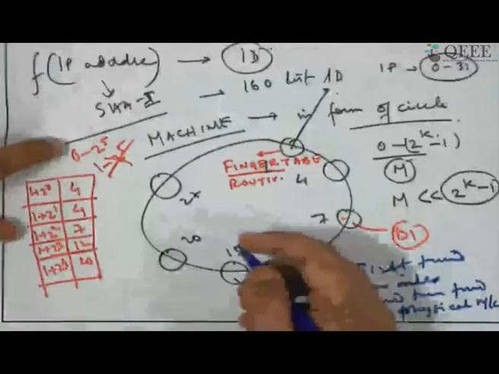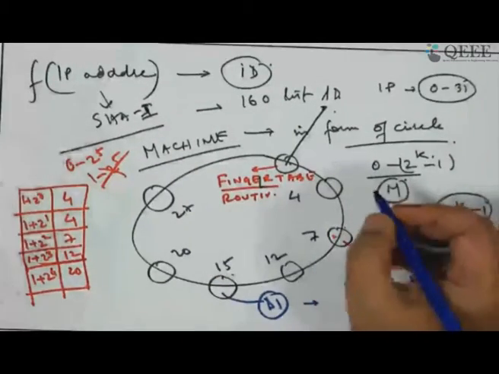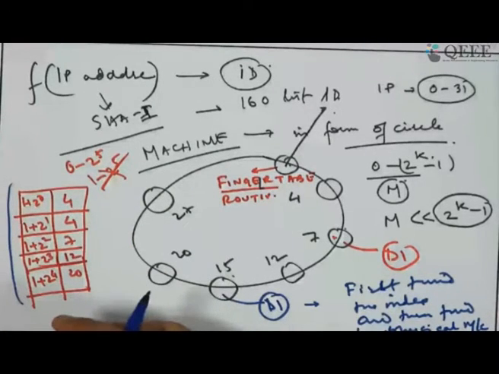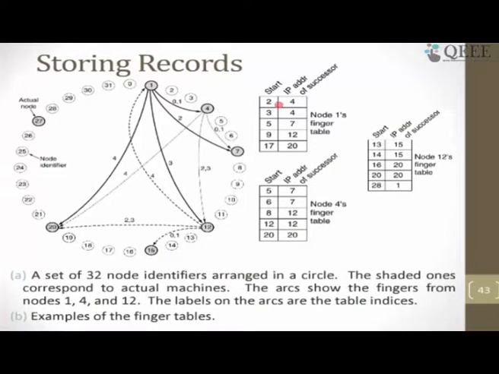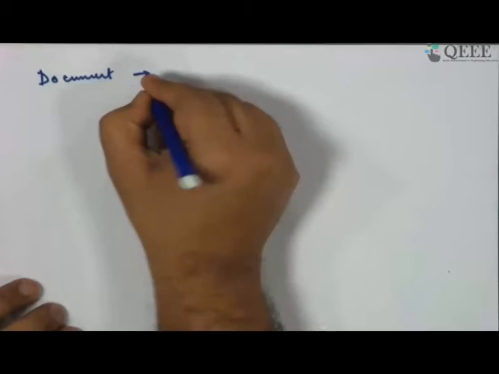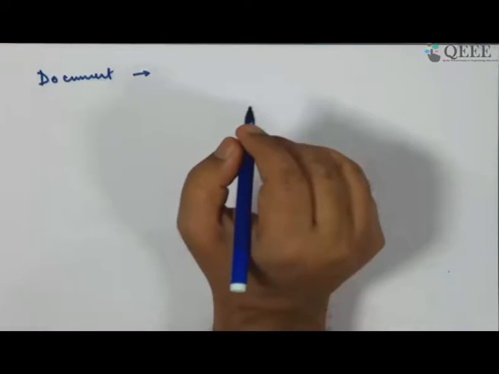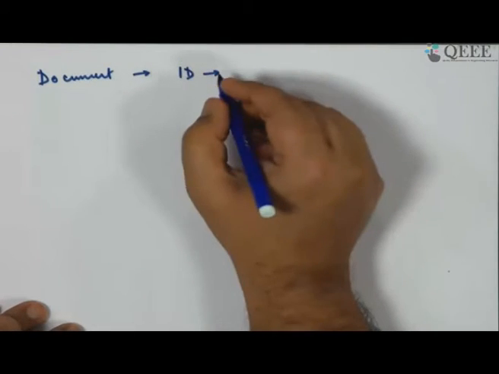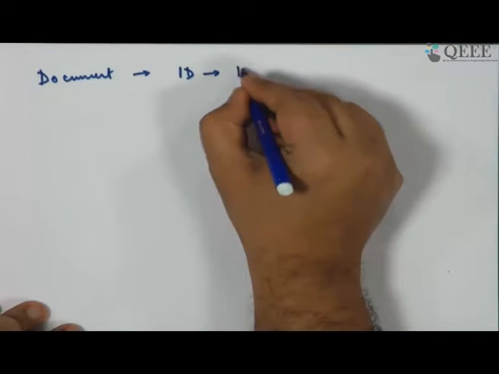Say I have done this. So now, this is the finger table, or let us go back a bit and see, this is the finger table. Okay, and I have a document with, say, an ID. Ultimately after hashing, the ID has come as 14.